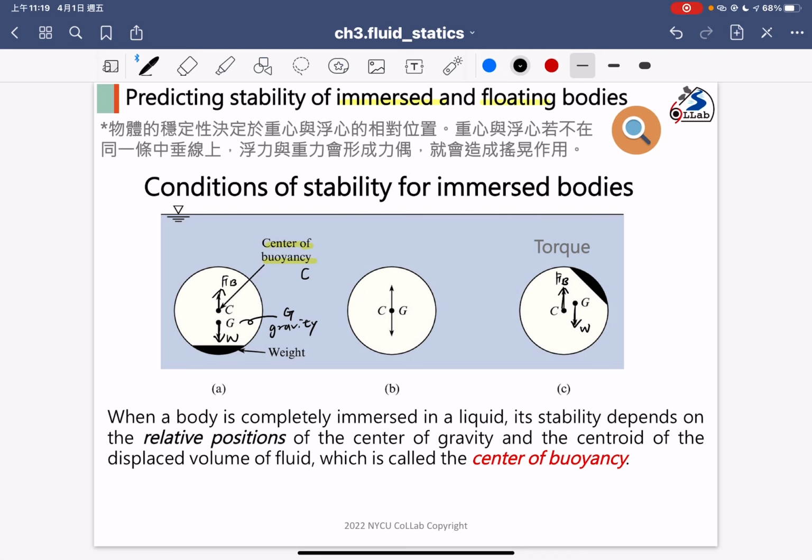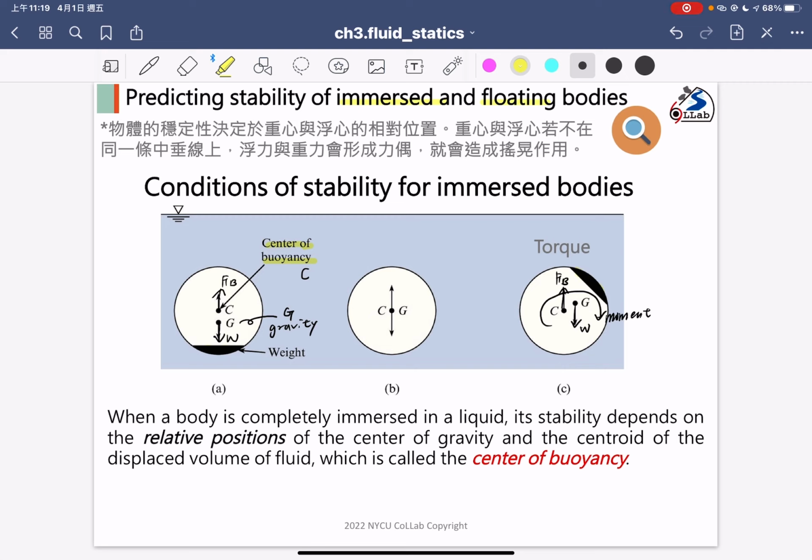So what kind of moment do we have? We will have a clockwise moment. So you see the bottom, here we have the clockwise rotation. So the bottom transfers to here.